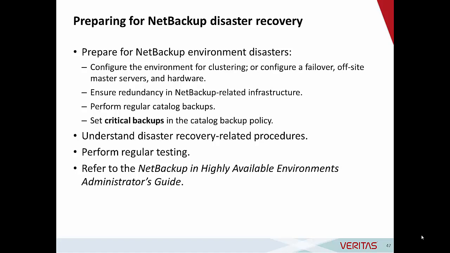I might do that by clustering, which would provide for true high availability, or I might do it by catalog replication, or I might do it by performing regular catalog backups. Make sure that I'm familiar with DR procedures, and make sure that whatever method I'm using, that I test it regularly. At a minimum of once per year, I conduct a DR drill and put all this to the test and make sure I actually can recover data as I think I can.